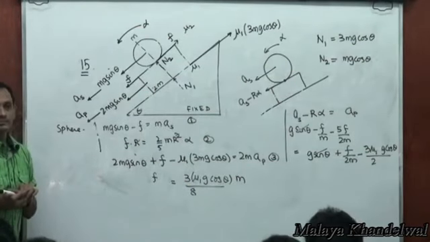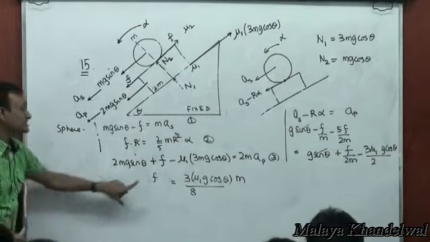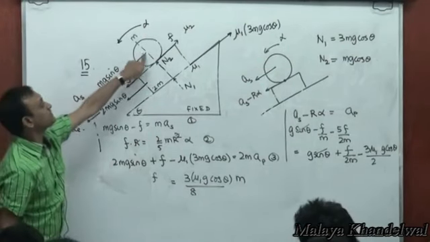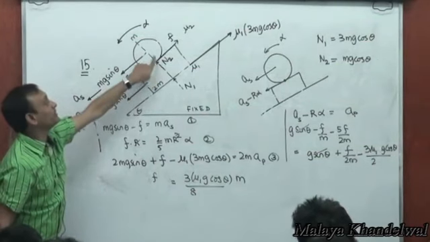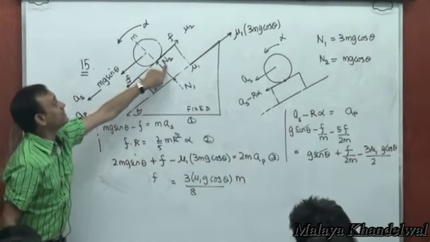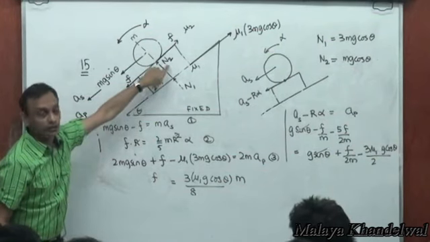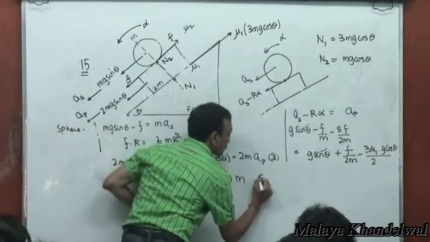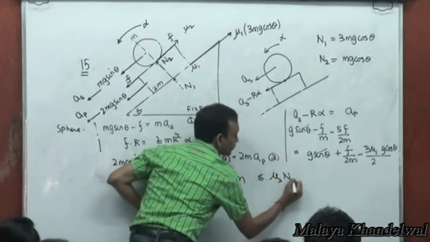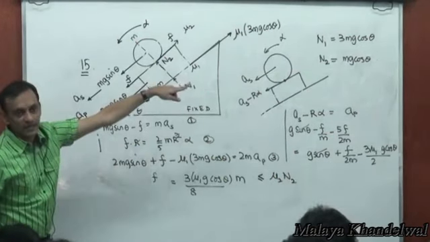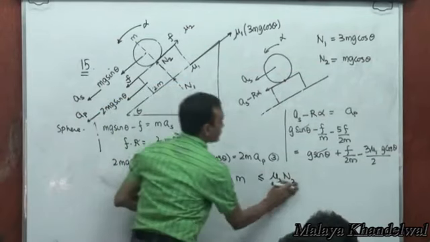But this is static friction, static friction between the sphere and the plank. This has to be less than or equal to mu2 times N2. But what's N2? N2 is mg cos theta.